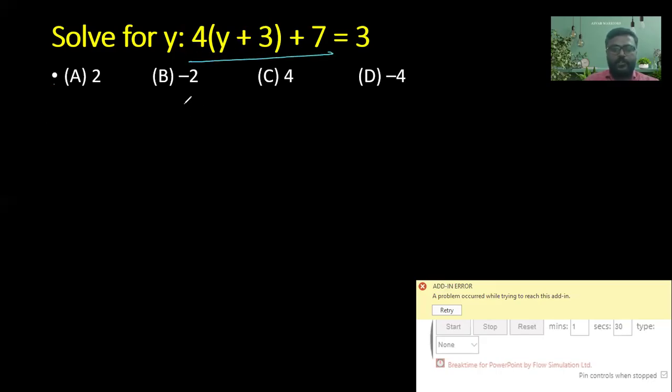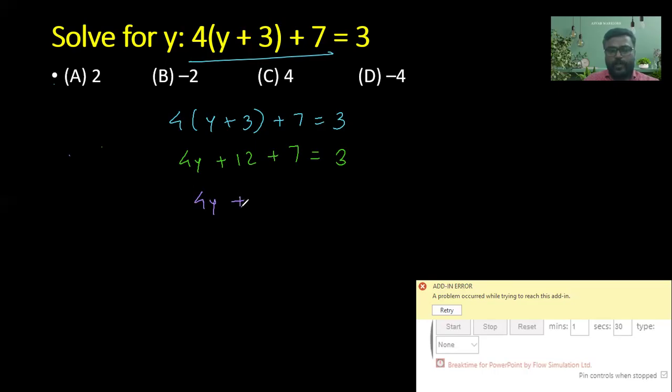So let's distribute this first. I'll write this equation down. 4y plus 12 plus 7 is equal to 3. 4y plus 12 plus 7 is nothing but equal to 19 equals 3.